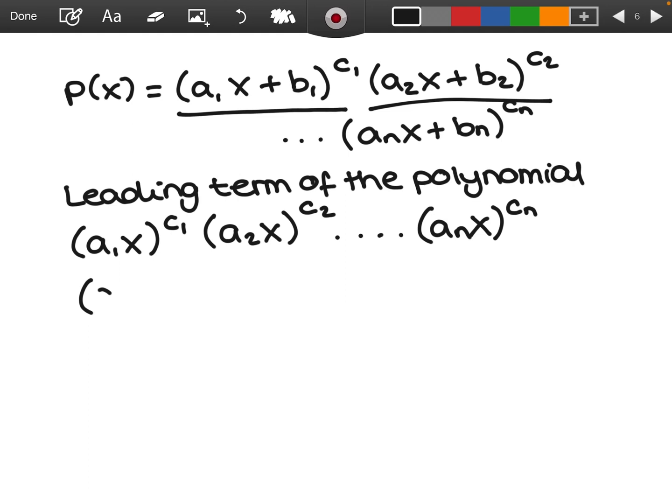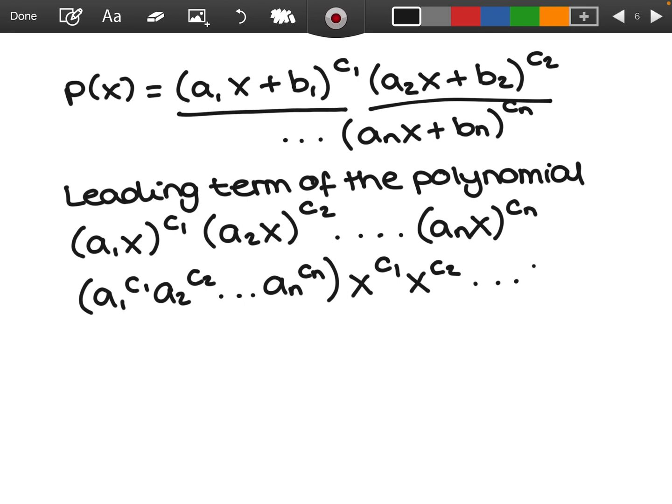You can simplify this and say that you would have all the constants multiplied together at the front, and this is what you would get. You would take each one of the constants to that power, and then x to the c1 times x to the c2 down to x to the cn.